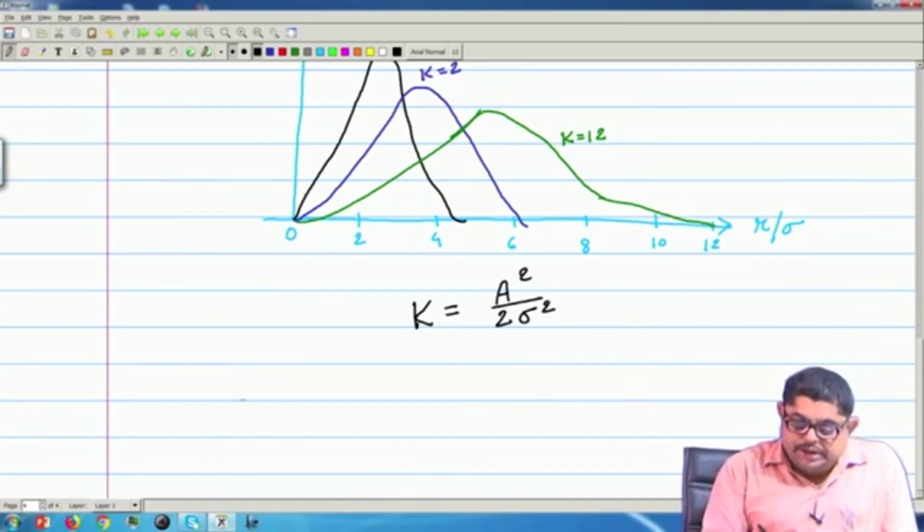Also, in passing I am just mentioning, because in the previous case we have done the envelope, what will be the phase distribution?